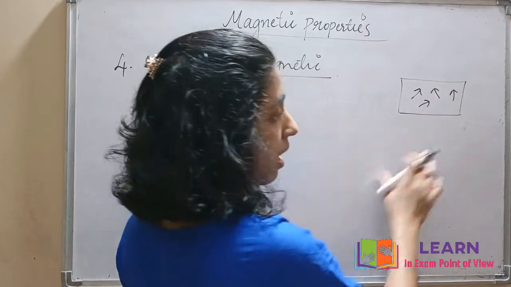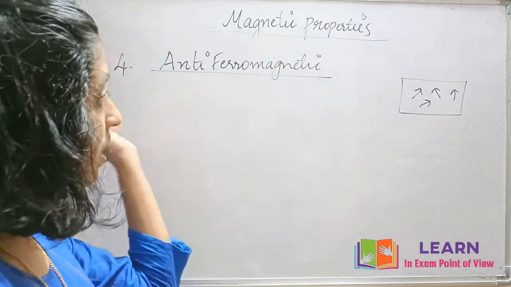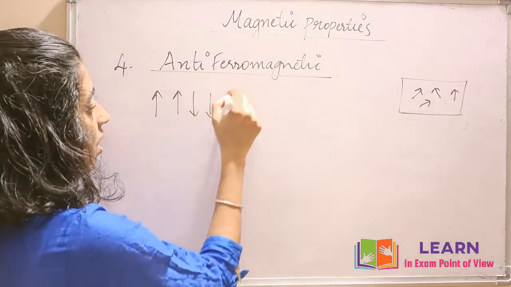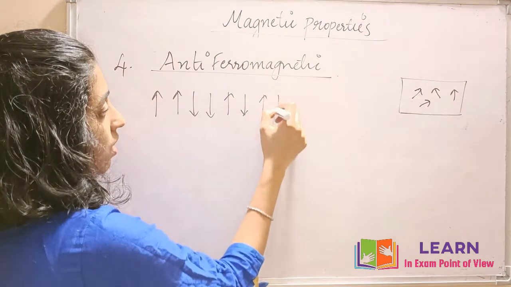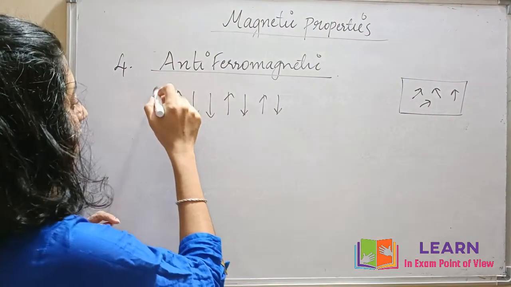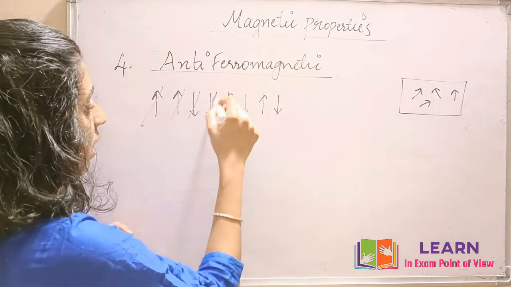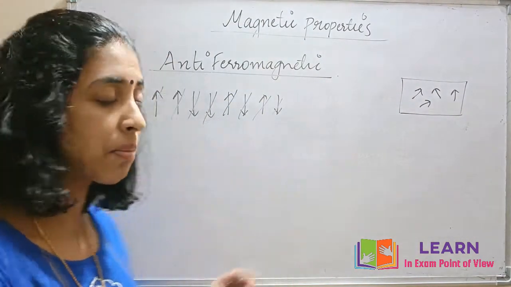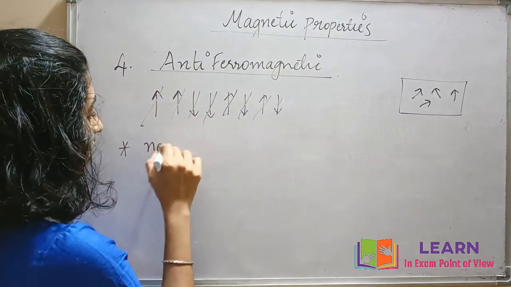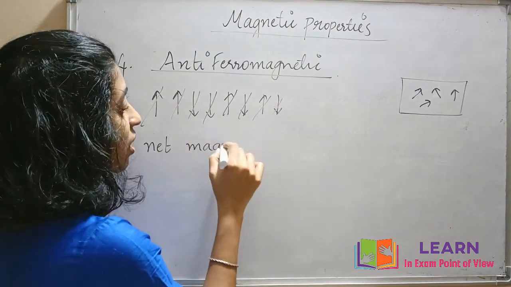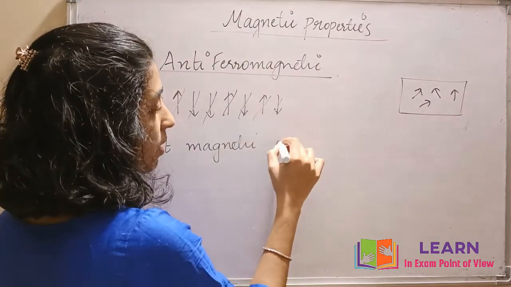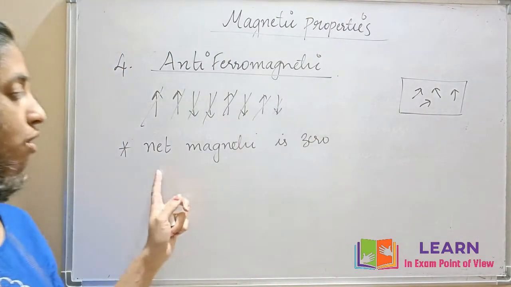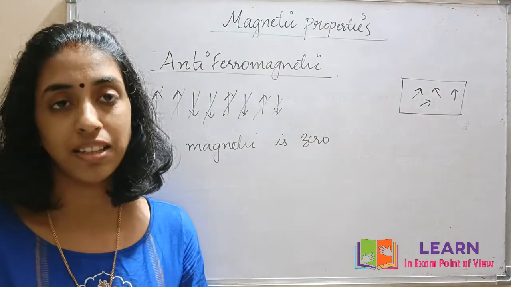Once we put this domain in an external magnetic field, if it is an antiferromagnetic substance, then its alignment will be like this, where opposite moments cancel out and everything gets cancelled. That point is important: their net magnetic moment will be zero, because everything will cancel. That is a point you have to remember under antiferromagnetic.